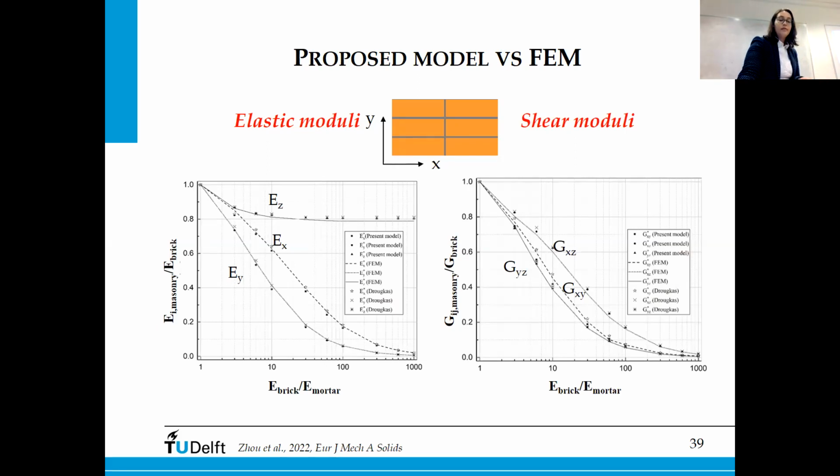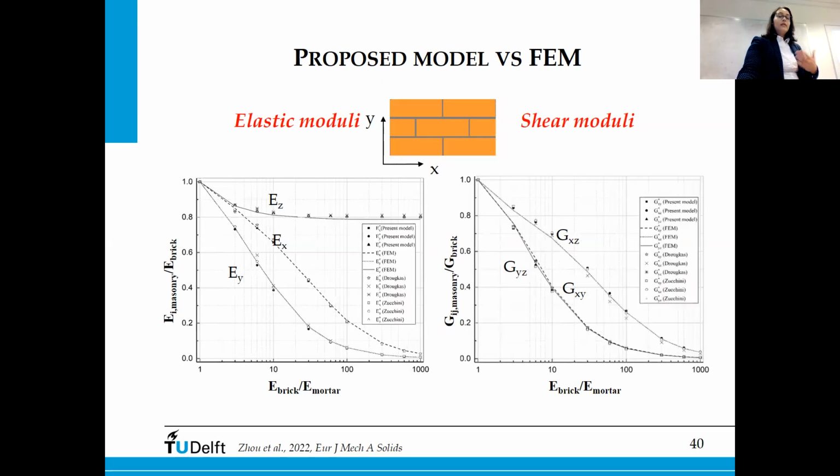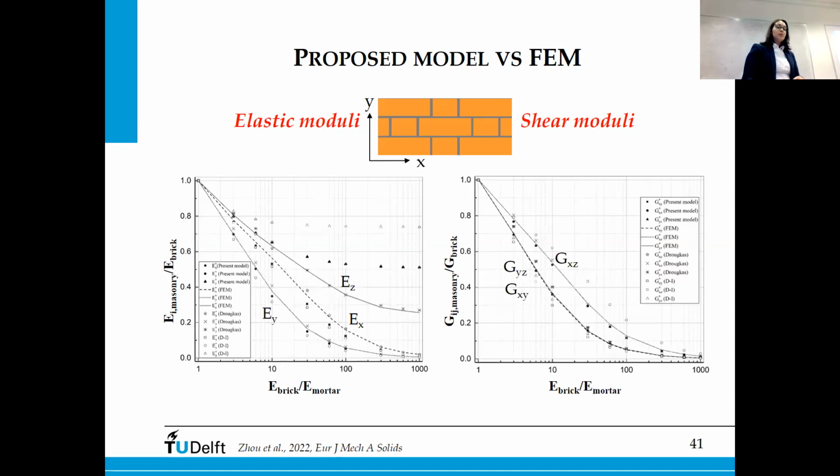And this worked very well for stack bond and also for running bond. We also tried the Flemish bond, and this has a satisfactory result in most of the cases, but not so well for the transversal elastic modulus, so the elastic modulus in the thickness, for very large ratios of elastic modulus of brick and mortar.